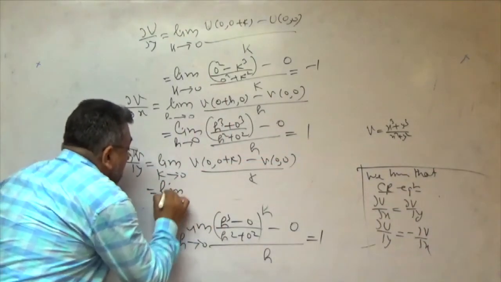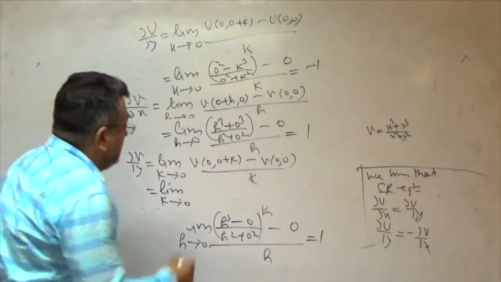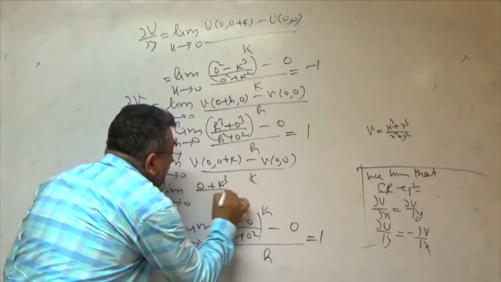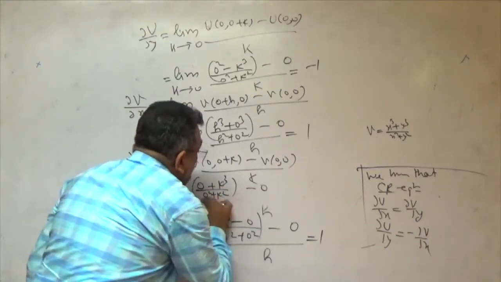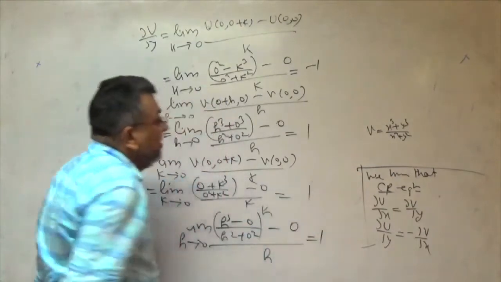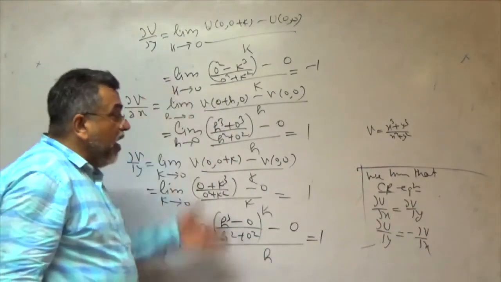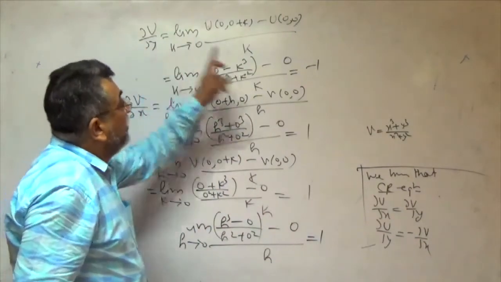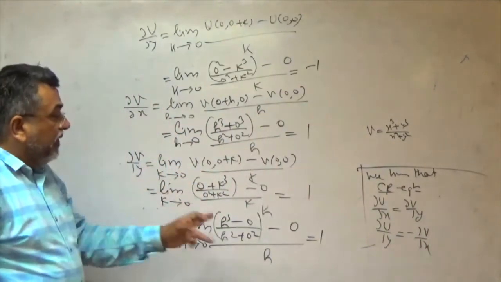That is the limit k tending to 0 of 0 plus k cube upon 0 square plus k square, minus 0, upon k. Again we get 1. So we get all four derivatives. Del u by del x equals plus 1, del u by del y equals minus 1, del v by del x equals plus 1, del v by del y equals plus 1.